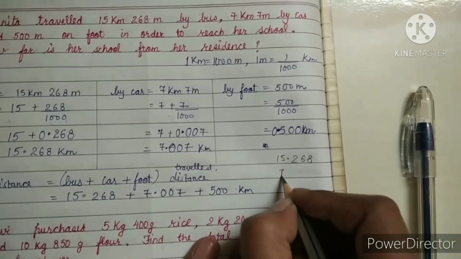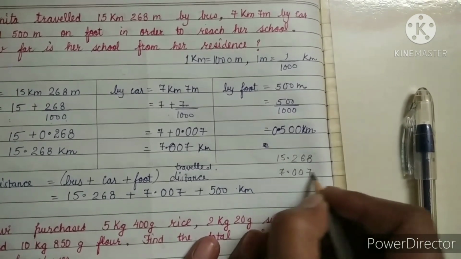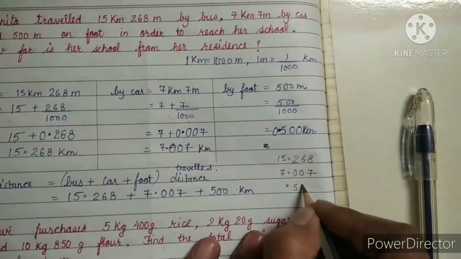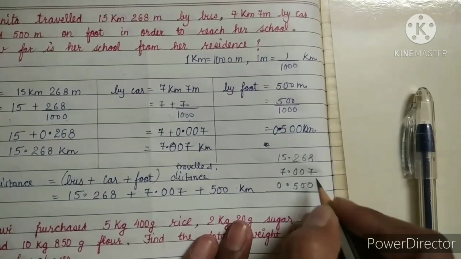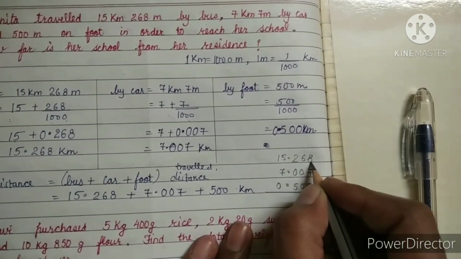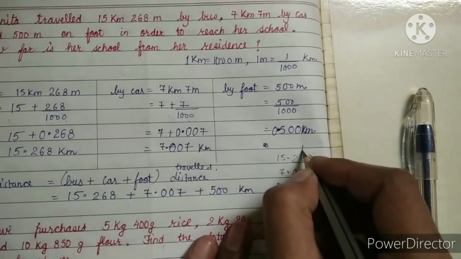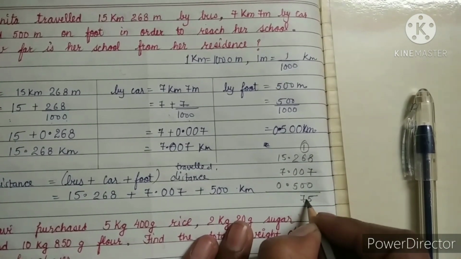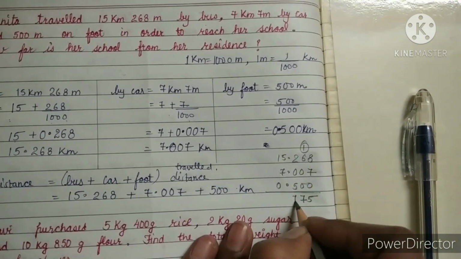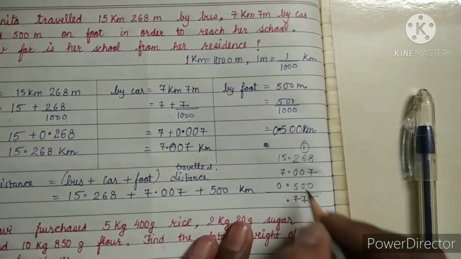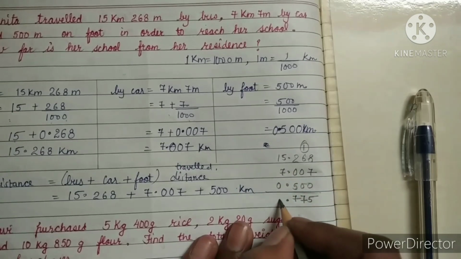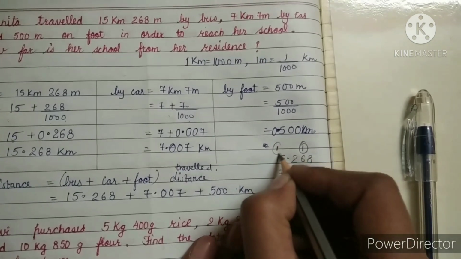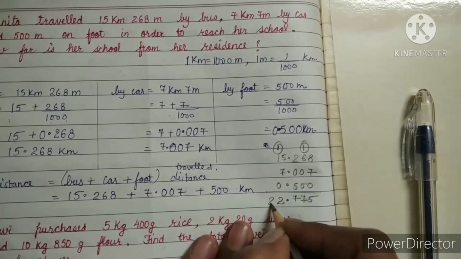15.268, 7.007, 0.500. Now 7 plus 8 is 15, 5 is here, 1 on the carry, 6 plus 1 is 7, 5 plus 2 is 7. Now decimal, 7 plus 5 is 12, 2 is here, 1 on the carry, 1 plus 1 is 2.